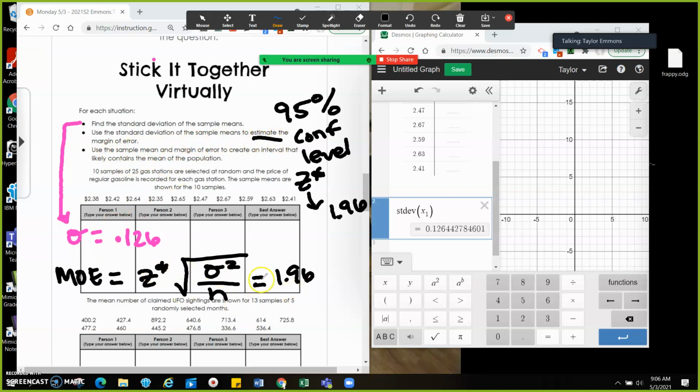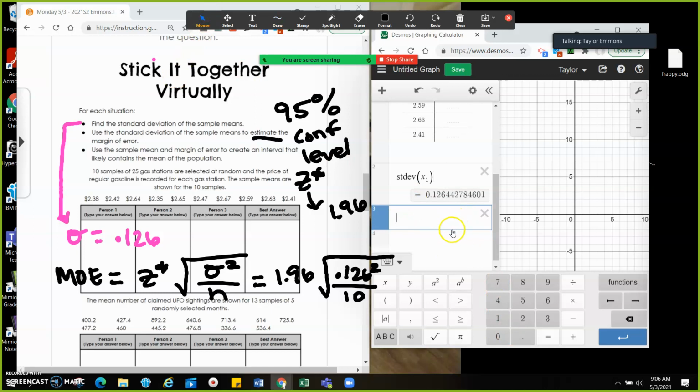Okay, so z critical is going to be 1.96 or 2, times the square root of sigma squared, which is going to be 0.126 squared, divided by my sample size, which there are 10 numbers right here. Okay, so I'm going to take that and type it in here.